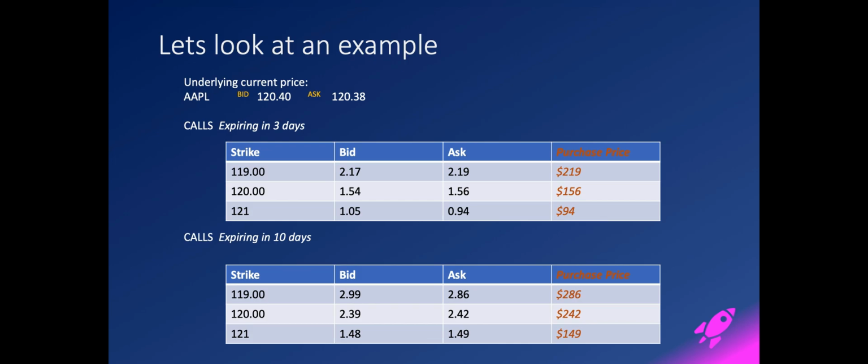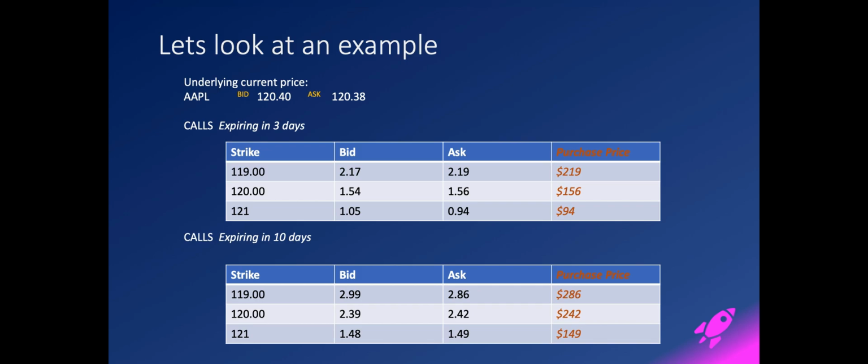Now, if you look at calls expiring in 10 days, similar strike, we're looking at 119, 120, and 121 strike. So you'll see that the prices are a little bit different. For calls expiring in 10 days, the prices are a little bit higher, and that is because you are paying for time.